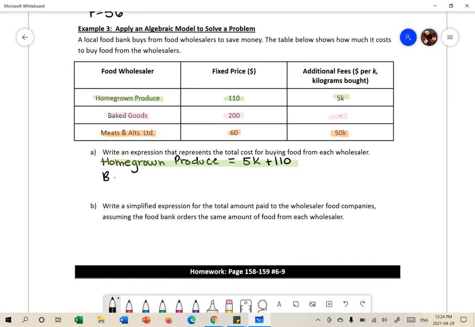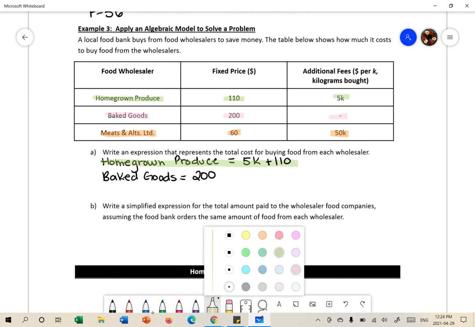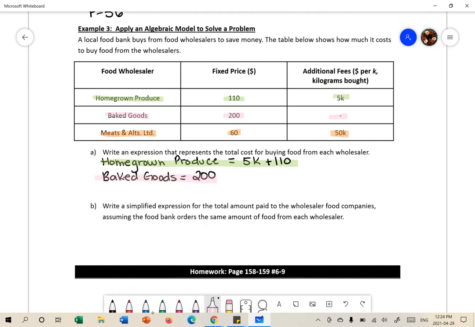Next, baked goods is equal to $200. And finally, Meats and Alternatives Limited is equal to 50K plus 60.